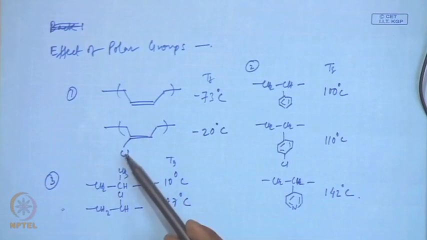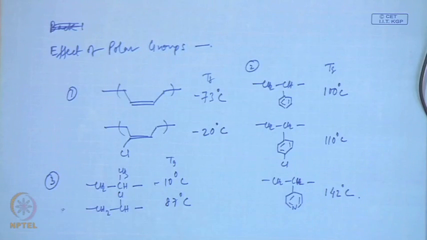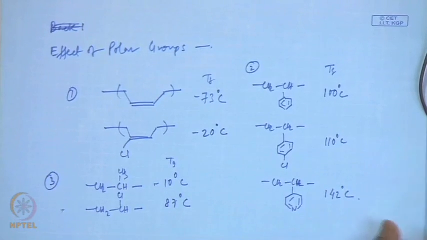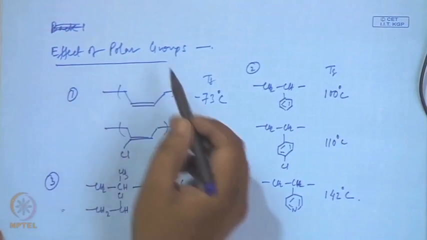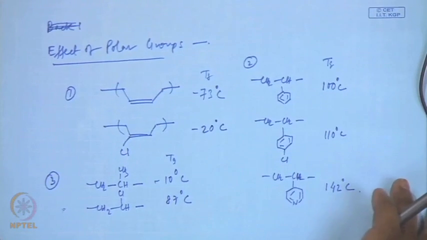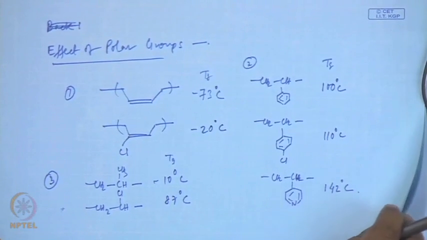Same here, the more polar, the more intermolecular forces and higher Tg. So, if we increase the polarity of the bonds, the more the intermolecular attraction, the Tg will go up.